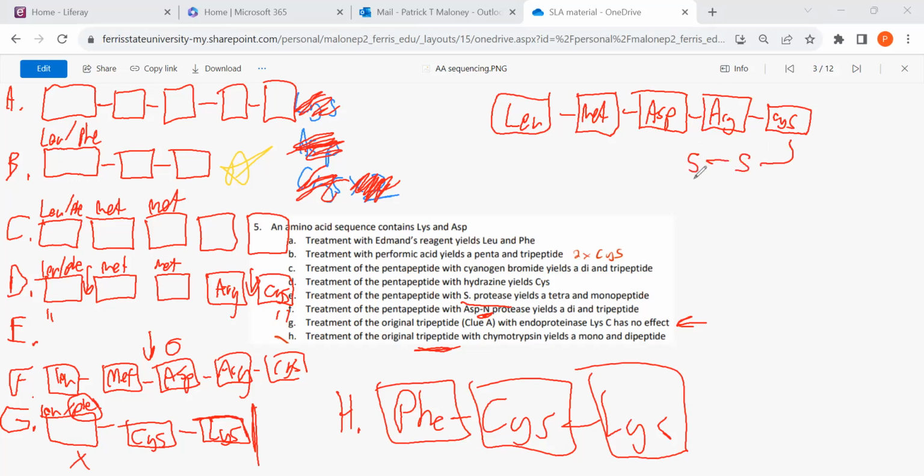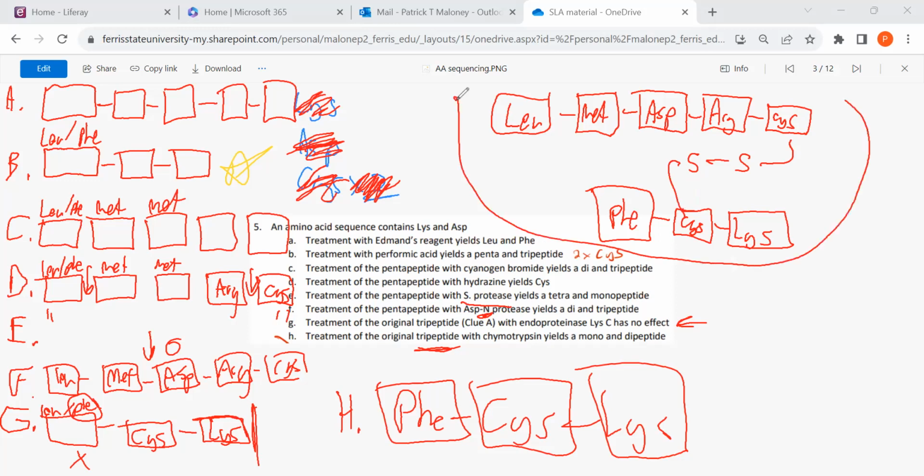So I strongly recommend not forgetting to put in the disulfide bond, because she will take points off if you're asked to do an amino acid sequencing problem. And she likes it to have a little bit of curve. I probably should have done it like this, but yeah, here. No, there. That's what she would expect as your final answer. Are we good on that?